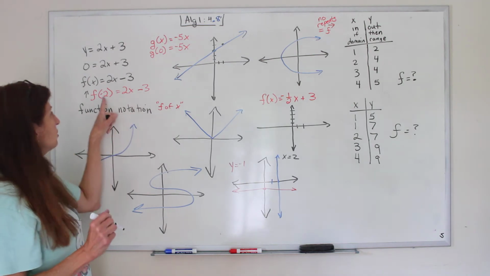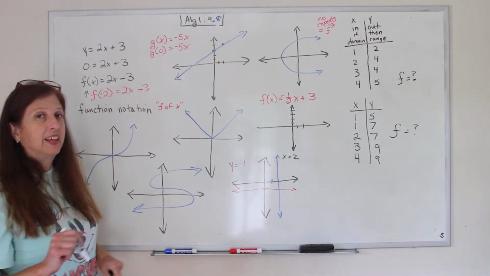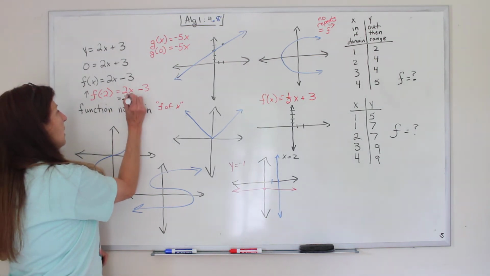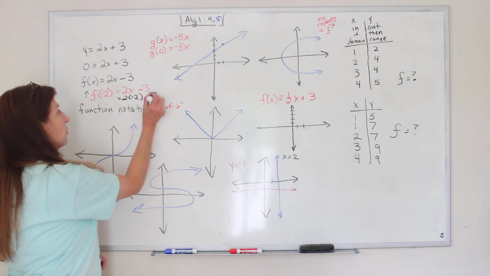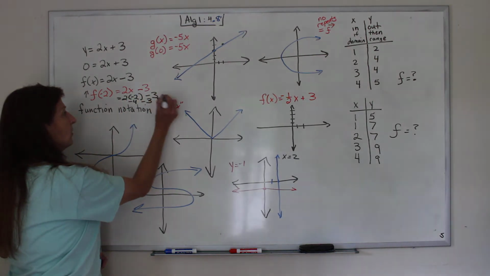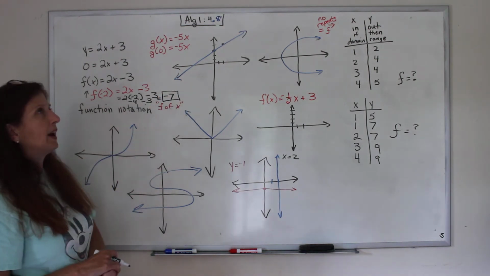What that means is you're supposed to substitute in whatever's in the parentheses for the x and solve it. So we would put in here 2 times negative 2 minus 3. 2 times negative 2 is negative 4. Minus 3 is negative 7. So it's just a way of writing a math problem.